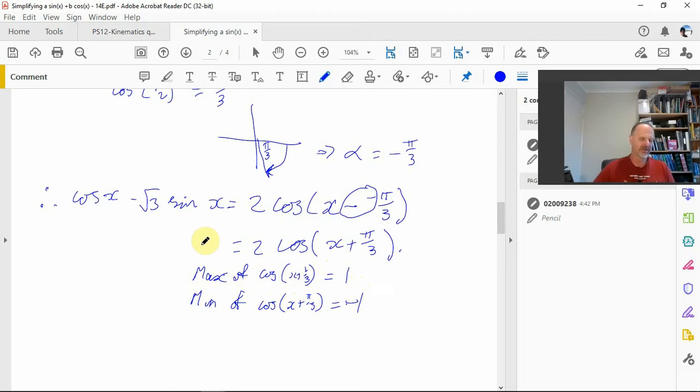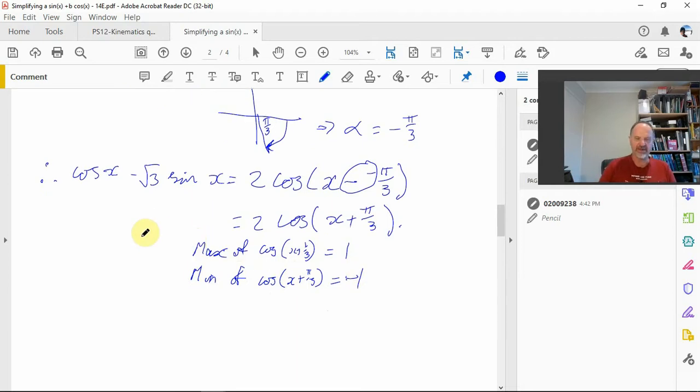And so f(x) might be 2 times 1, which is 2, or f(x) is 2 times negative 1, which is negative 2. Whoa, that's an interesting one. Negative 2.